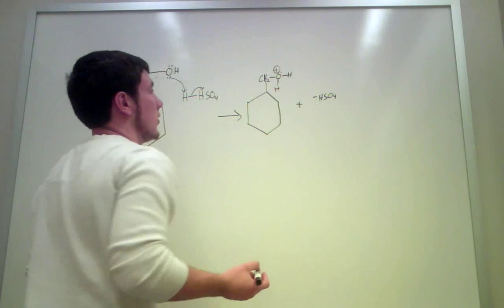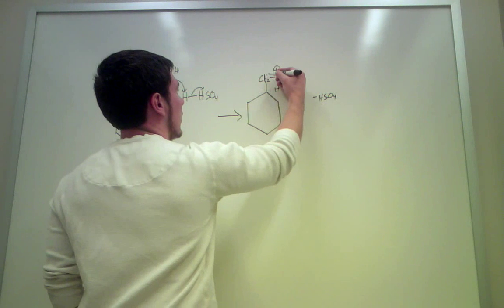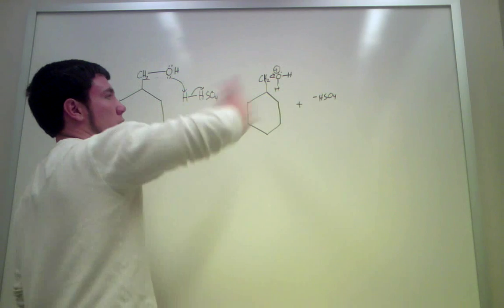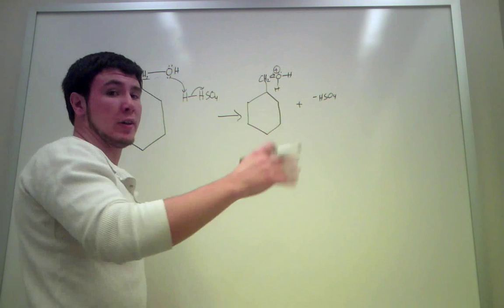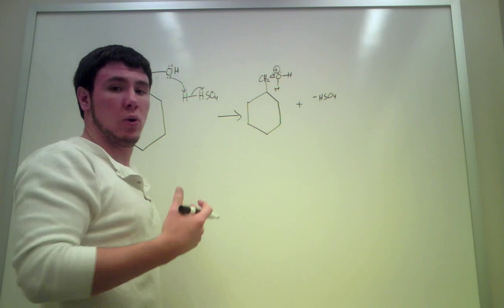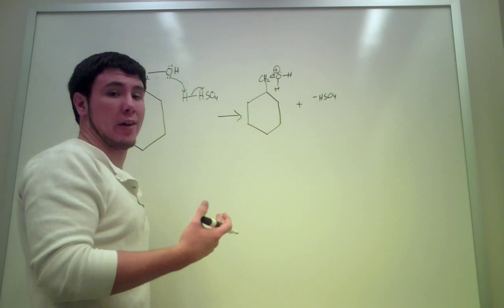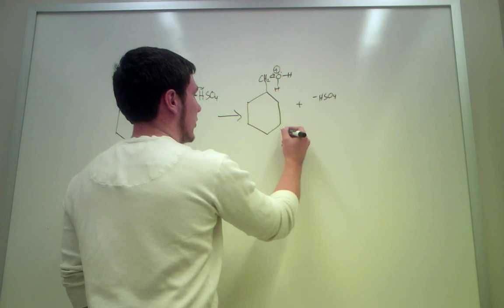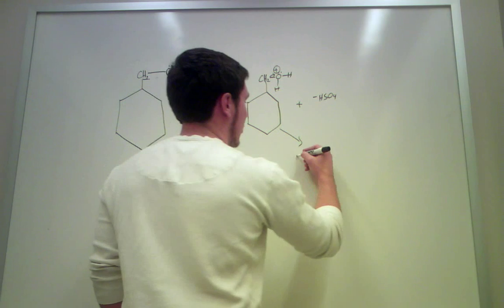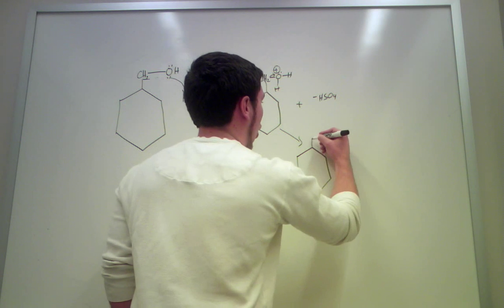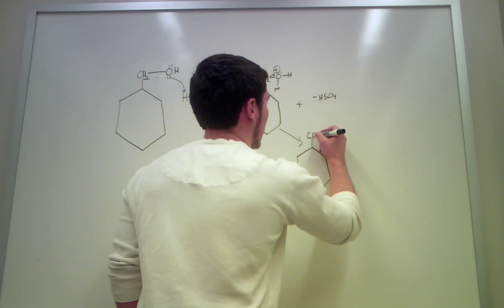From here, what's going to happen is this oxygen is going to pull in these electrons, and the water is going to freely leave. Water on a molecule will just freely fall off. Nothing really has to happen to it. So then what this takes us to is what is known as a carbocation intermediate.